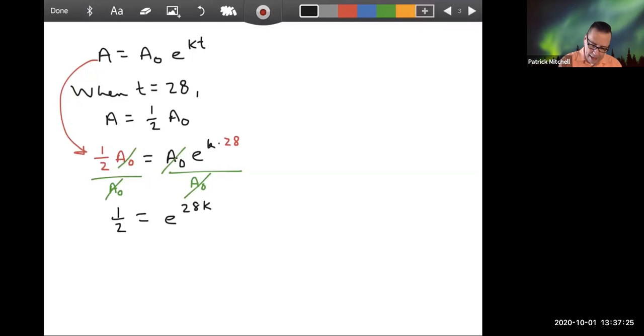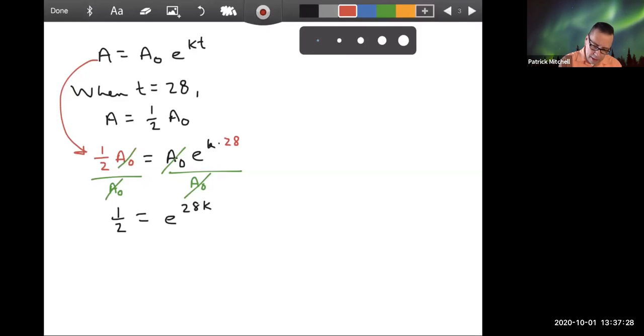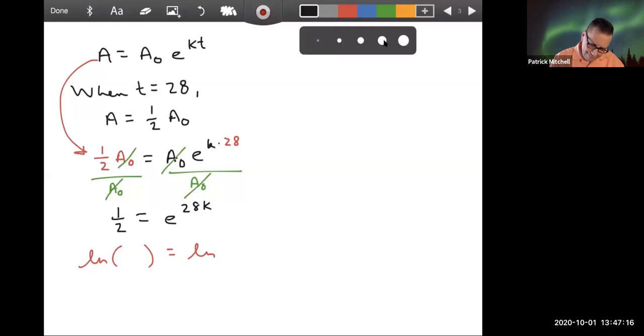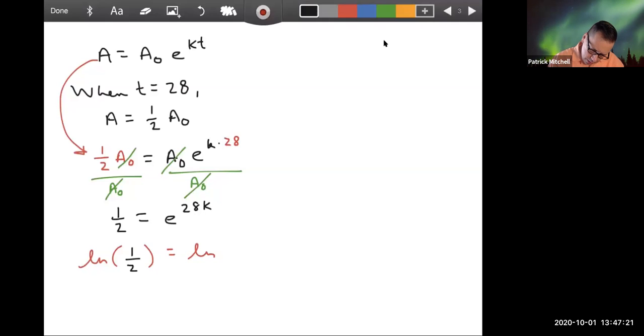All right, and now I'm going to do the same thing I did in the previous two problems. I'm going to take natural log of both sides. So we have natural log 1/2 equals natural log e to the 28k.